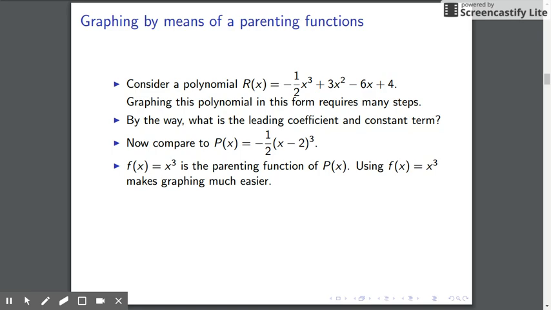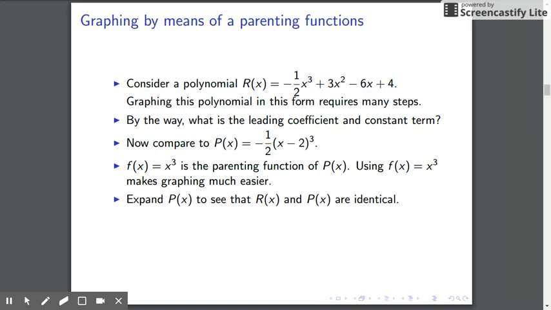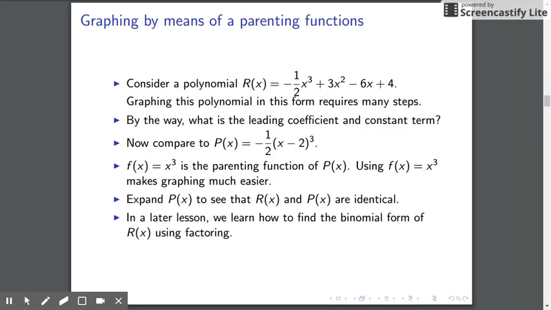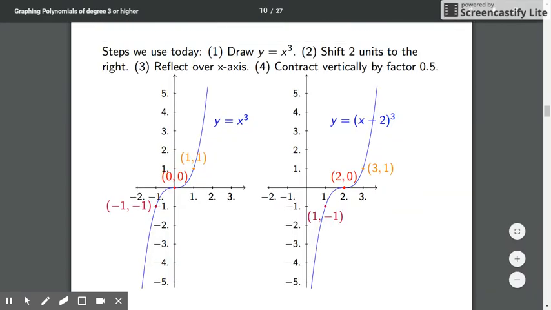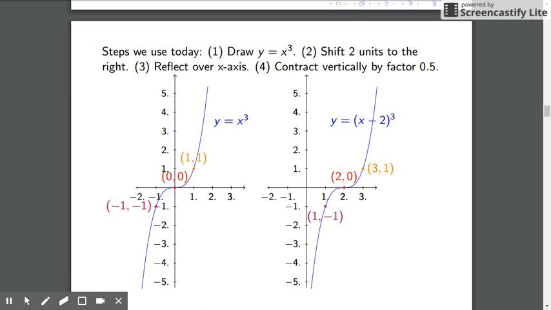So if you expand them, you see that they are identical. Now, I know the parent function. Let's graph p of x equals this, which is going to be the same graph as that one. So, steps. First, we start with the parent function, y equals x to the third.